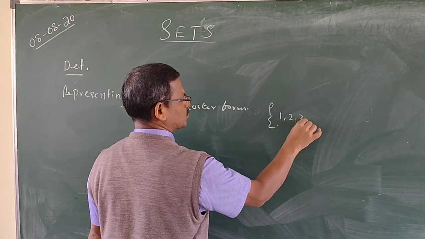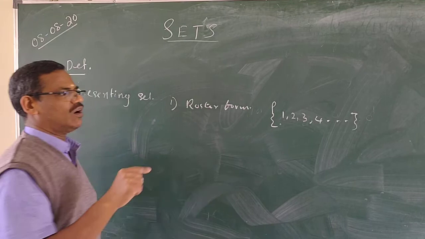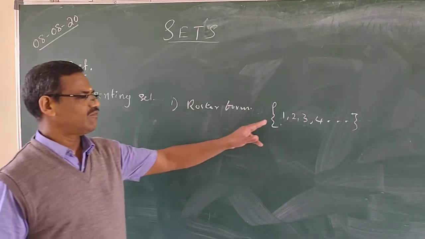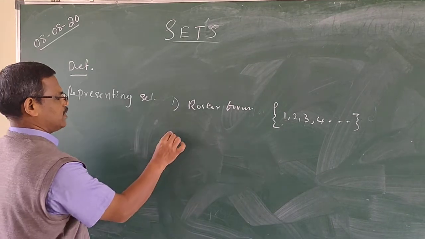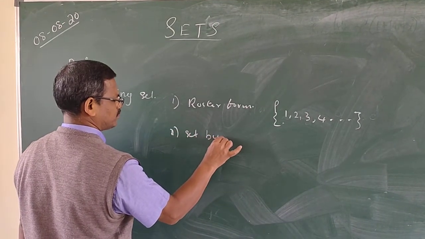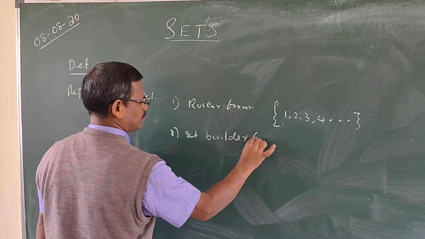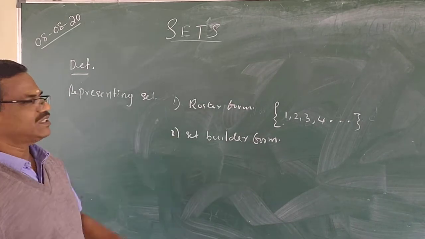So 1, 2, 3, 4, etc. When you list out all the elements in a flower bracket, that form is called the roster form. And the second one is the set builder form.